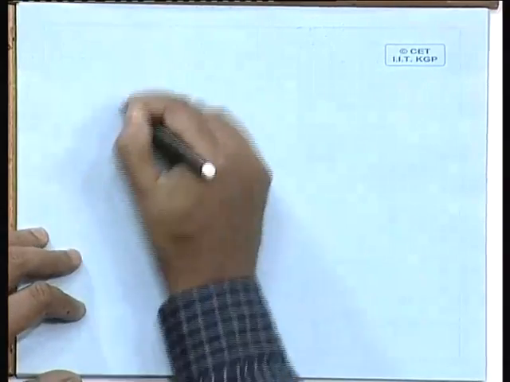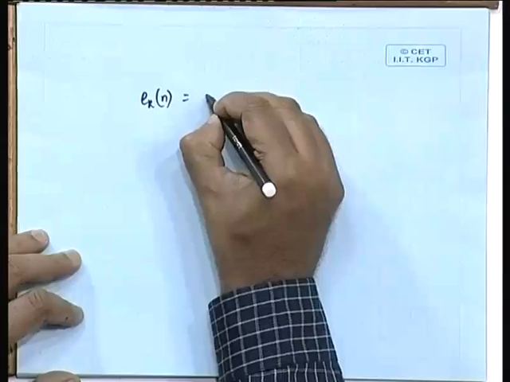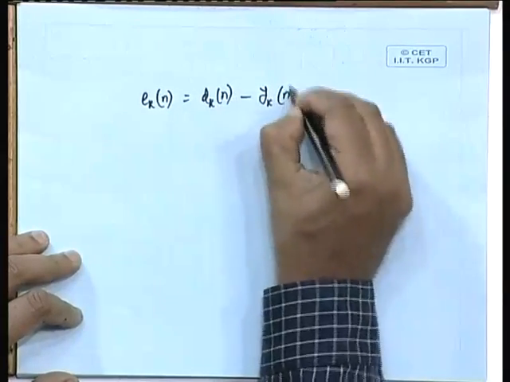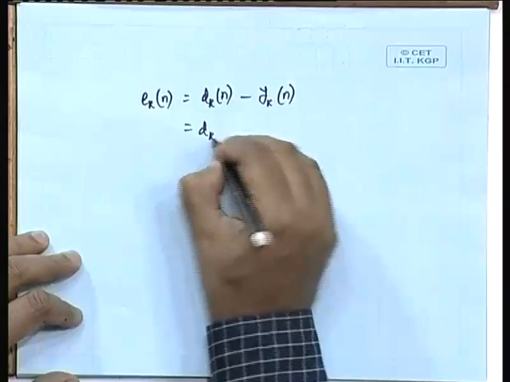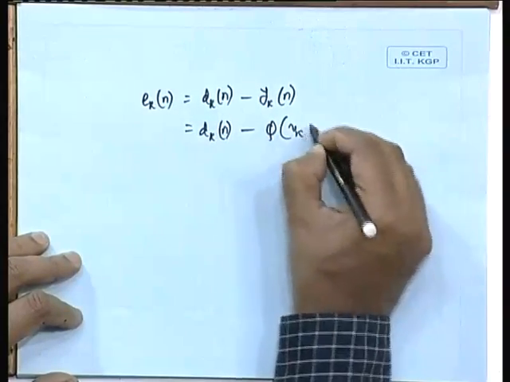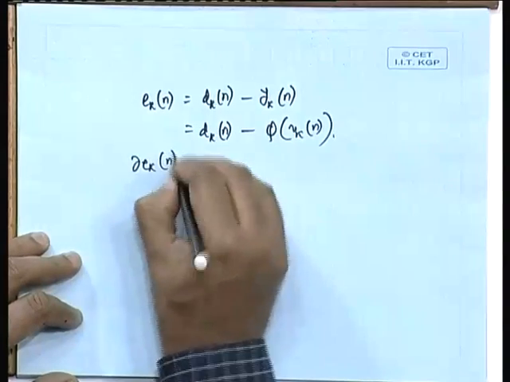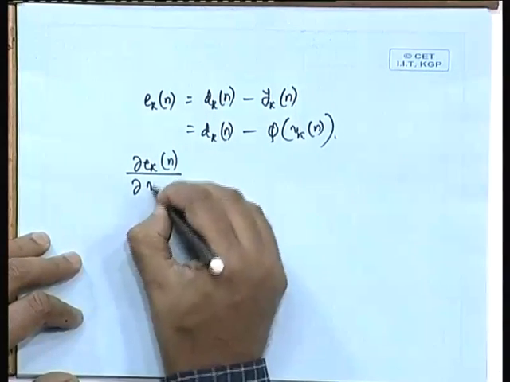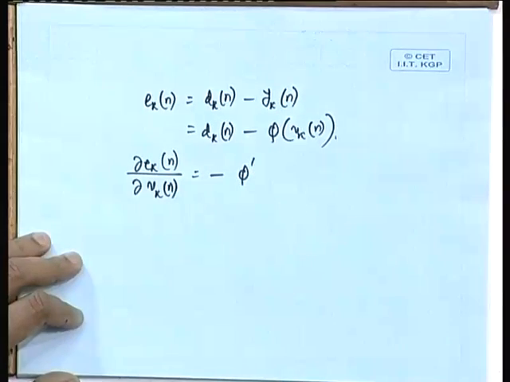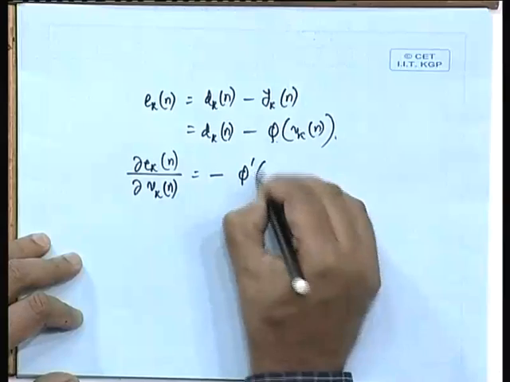Why? Because Ekn is simply equal to Dkn minus Ykn, and Ykn is nothing but phi of Vkn, right. So, what is dou Ekn dou Vkn? That is equal to minus phi dash. In fact, we should write phi dash of k. Anyway, phi dash of Vkn.